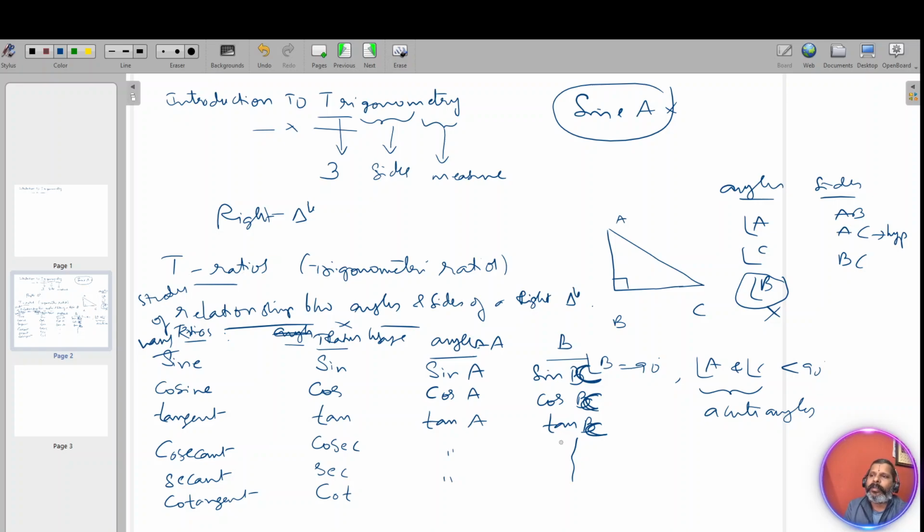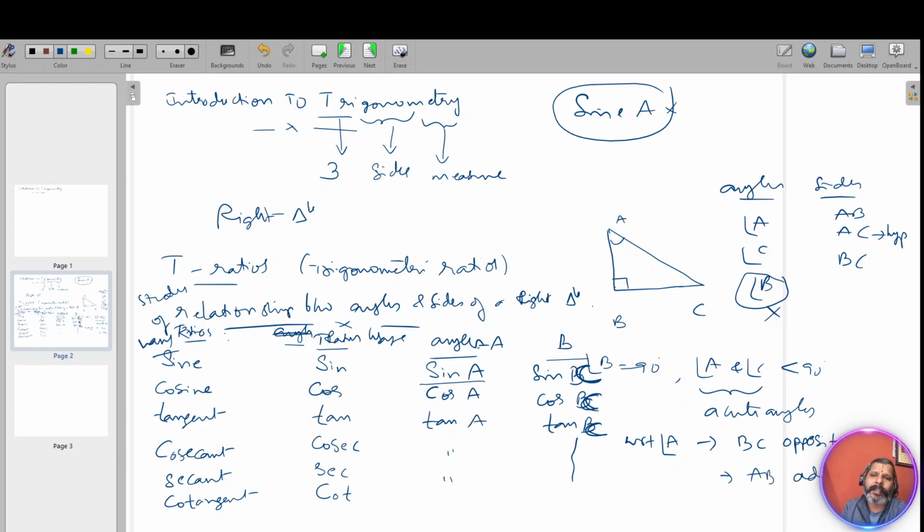Coming back to what is sin A here. Before we study sin A, cos A and all, in the right angle triangle, B is the right angle, A is an acute angle. When A is an acute angle, how are the sides named with respect to the angle? With respect to A, BC is called the opposite side, because for A, BC is the opposite side.